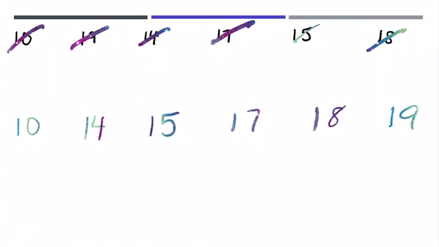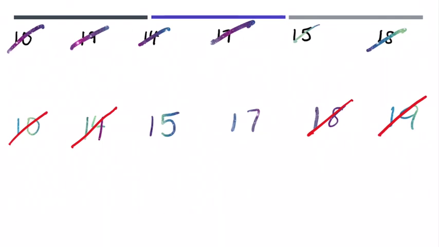Okay, let's do the same thing. So I'm going to take one from each end, one from here, and again from here and from here. Now I'm stuck because I have two numbers in the middle. So we could say that 15 and 17 are the median, or we could find the average of those two and then that would be the actual median.